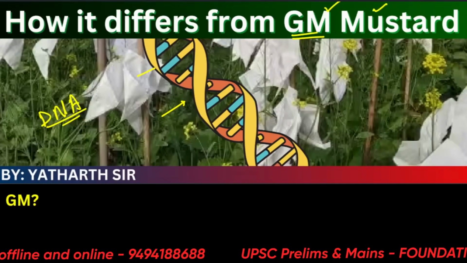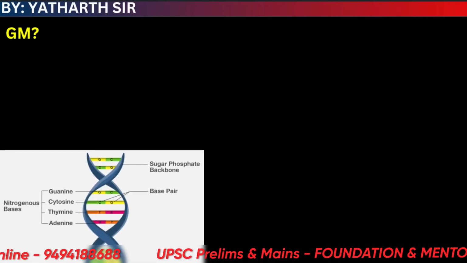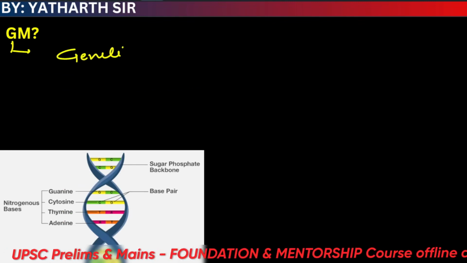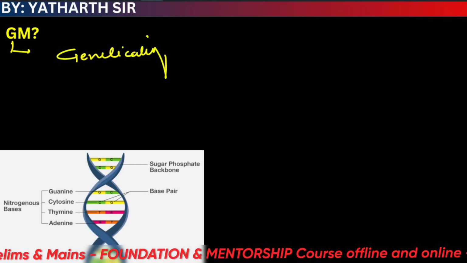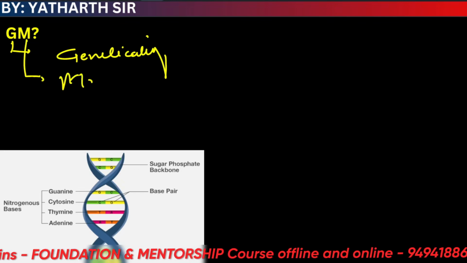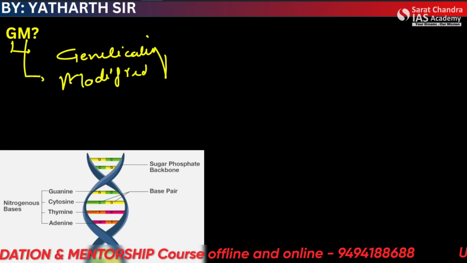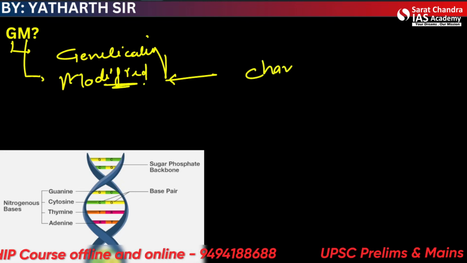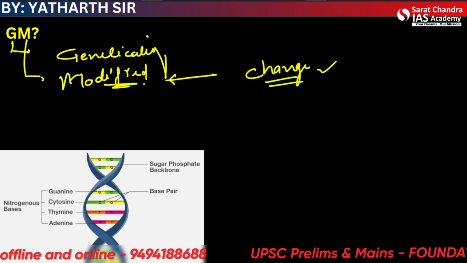First of all, let us see what GM is. GM basically means genetically modified. Modified means having any kind of changes in the genetic data.